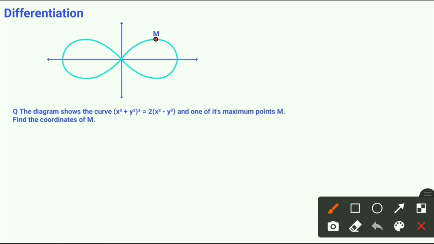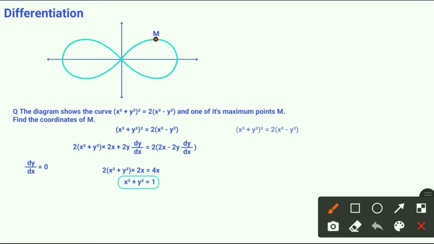The diagram shows the curve this and one of the maximum points is this. Find the coordinates of M. Okay, so what's happening in here?